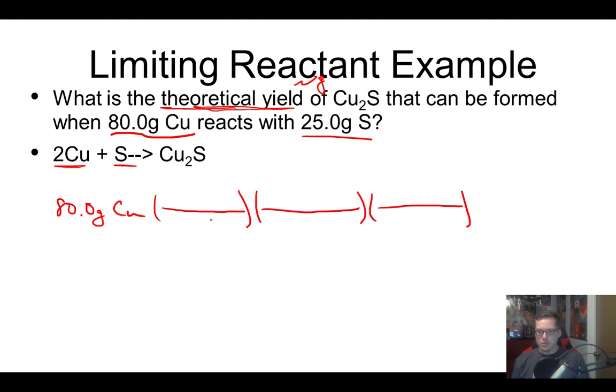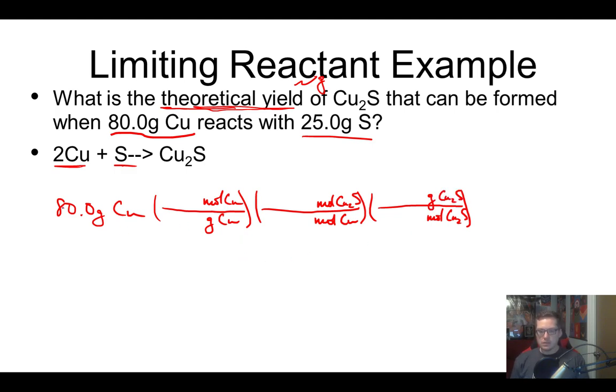So grams of copper go on the bottom. We're going to moles of copper. And then we're going from moles of copper to moles of copper sulfide, Cu2S. And then from moles of copper sulfide to grams of Cu2S.